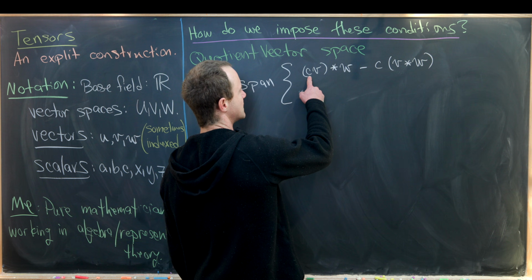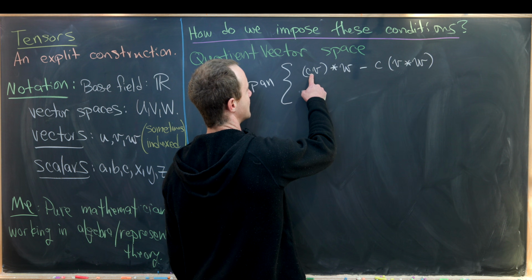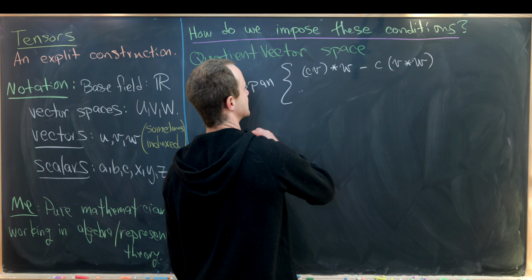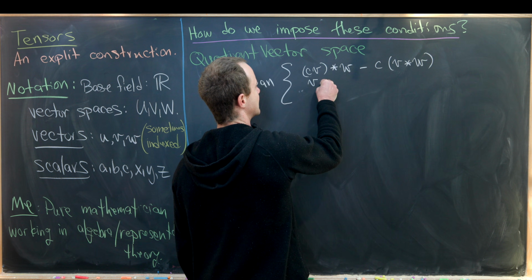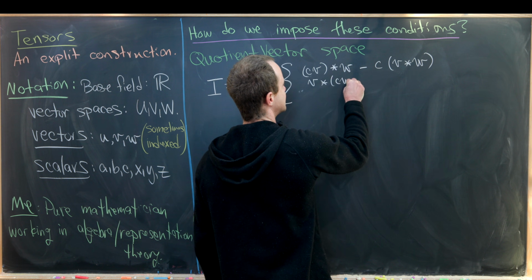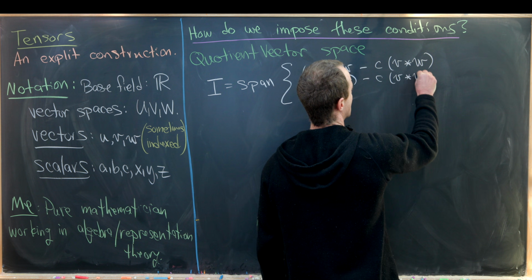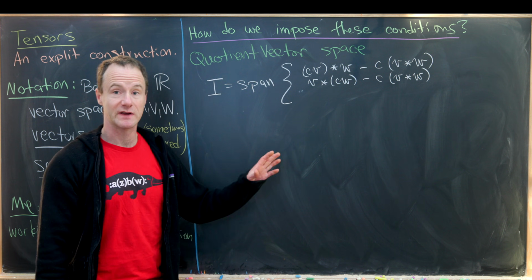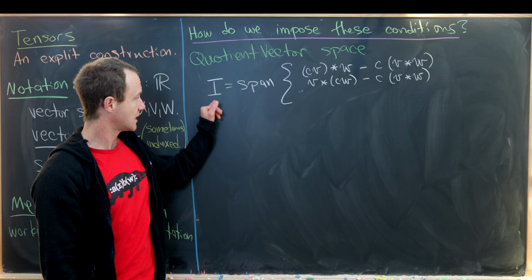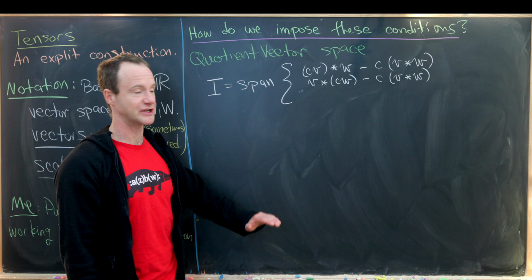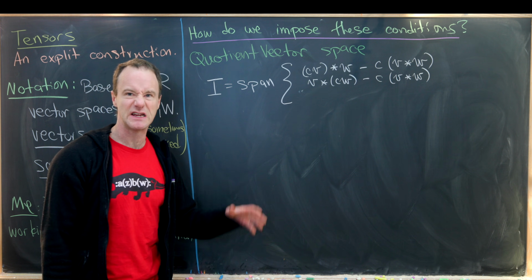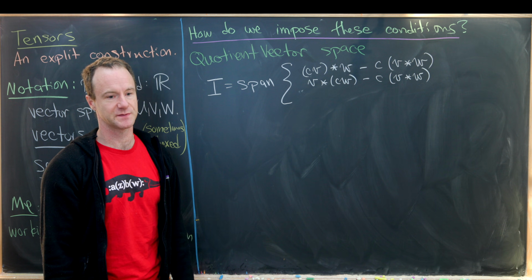And then we would also like to have something similar happening with the scalar multiplying onto W. So that would look like V star cW minus c V star W. So again, if these are occurring in the subspace which we quotient out by, that means there'll be 0 in the final quotient vector space.